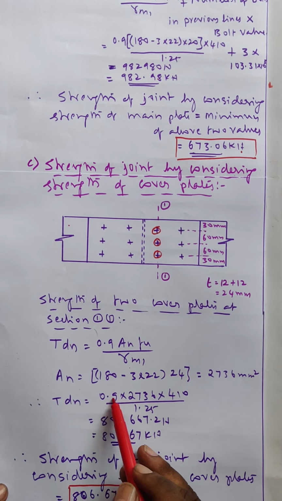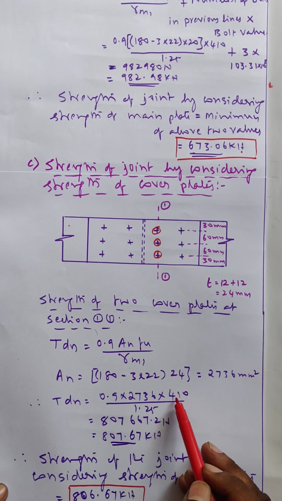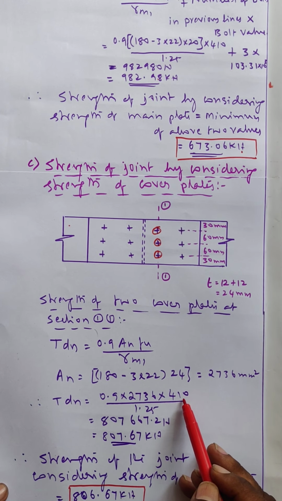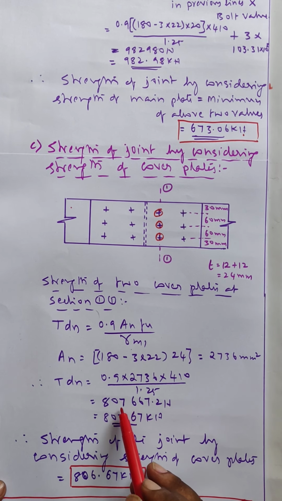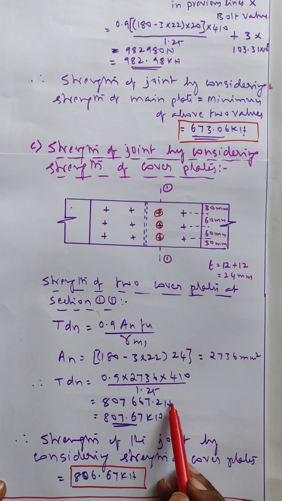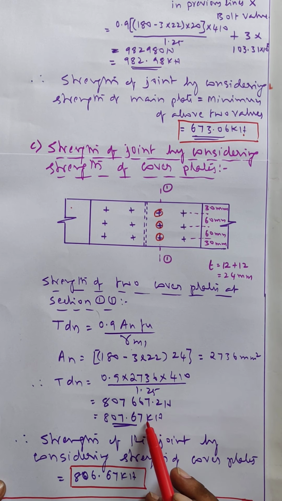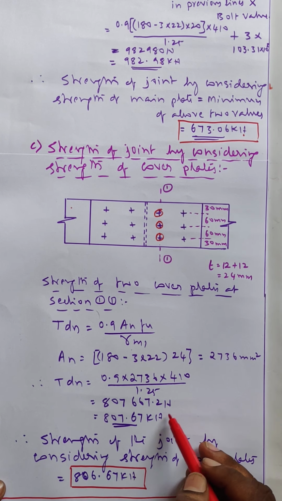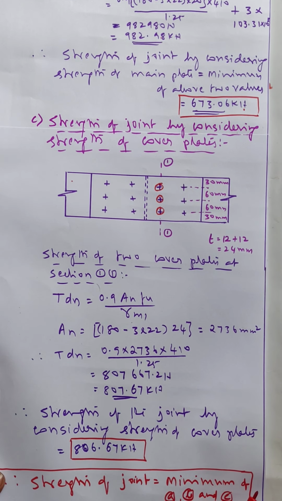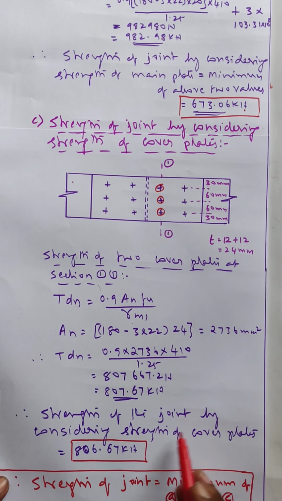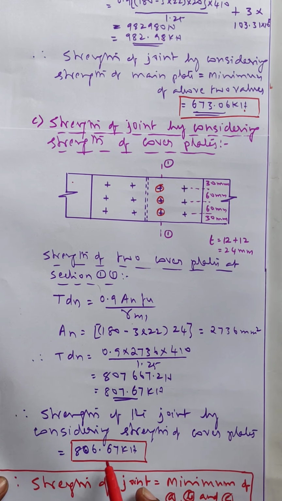Therefore Tdn equals 0.9 into 2736 into fu, same for plates, 410 divided by 1.25. We are getting 807,667.2 Newton or 807.67 kilonewton because we are dividing by 1000. Therefore strength of the joint by considering strength of cover plate is 807.67 kilonewton.